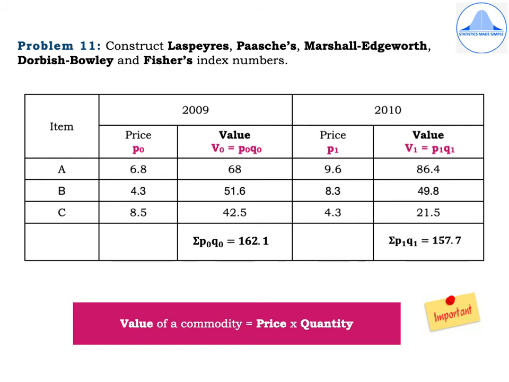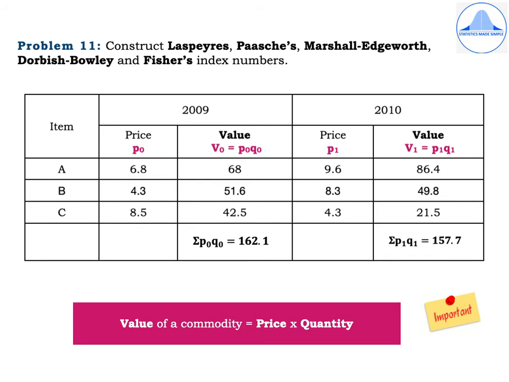Problem 11. Construct Laspeyres, Paasche's, Marshall-Edgeworth, Dorbish-Bowley and Fisher's index numbers. First column, items A, B, C. The prices for the base year 2009 are 6.8, 4.3 and 8.5, and the values for the base year 2009 are 68, 51.6 and 42.5.